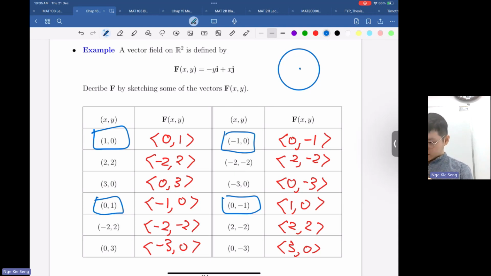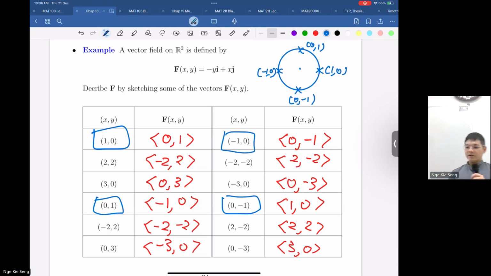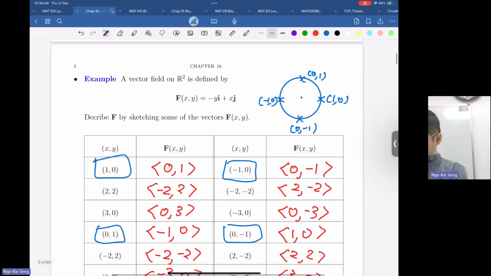At 1, 0, what's the vector? 0, 1. There's only a y direction, going up. So you have a vector going up.